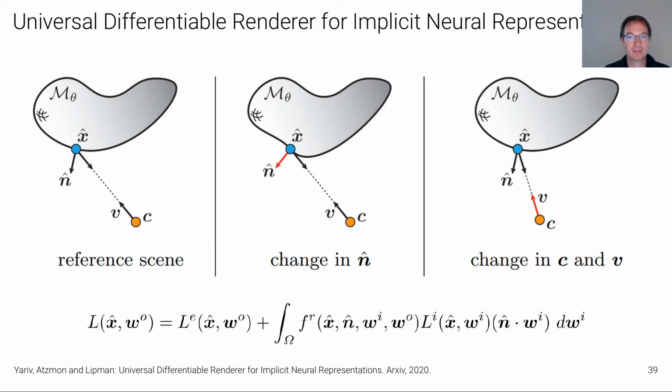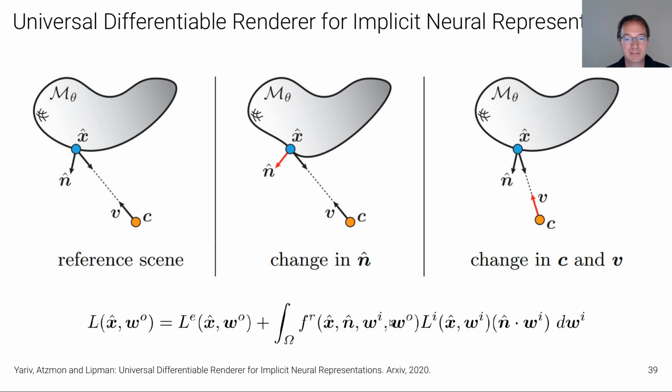Great. Now, in the last couple of minutes, I'd like to show you a few more recent results, which are not all from our research group, but also from other groups in the fields of these highly dynamic fields of implicit shape representations. So one work that I like very much is from Liu et al., who proposed this universal differentiable renderer for implicit neural representations.